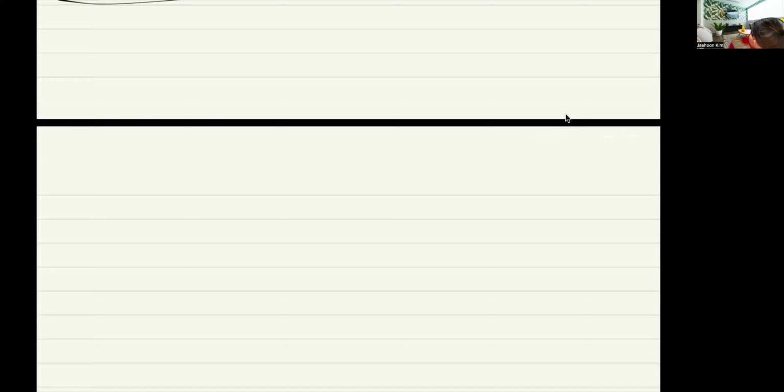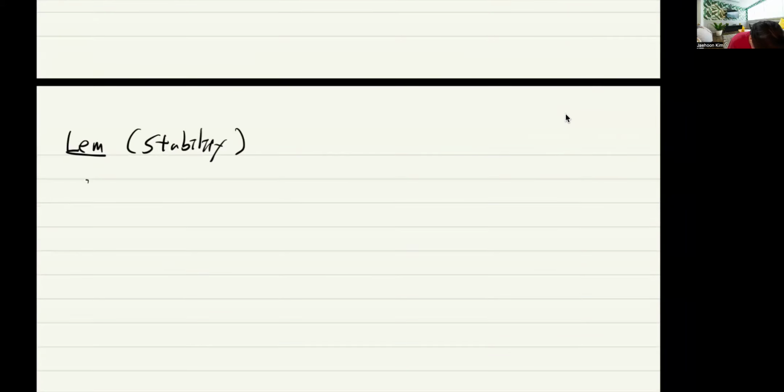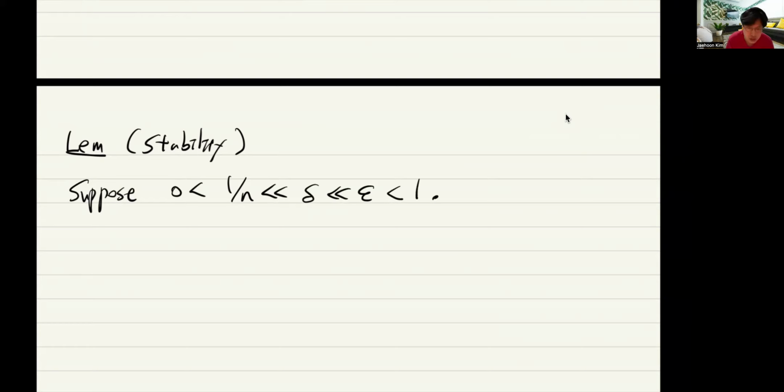Okay, we have this proposition, and using that, we can prove this stability lemma. So suppose, for given epsilon, let's say delta is small enough compared to epsilon, and then n is large enough.